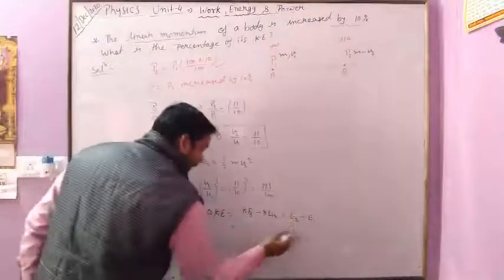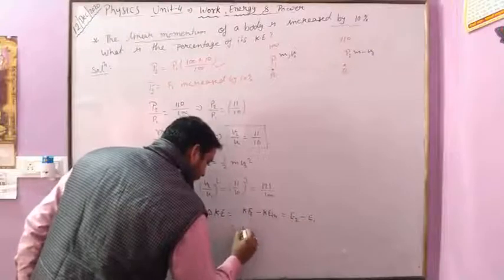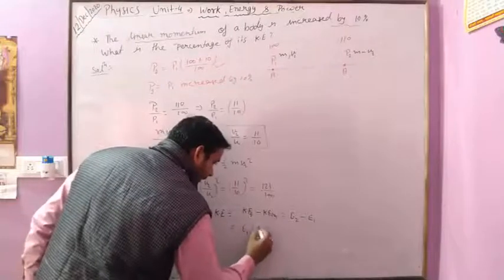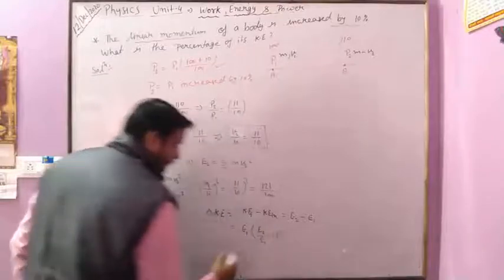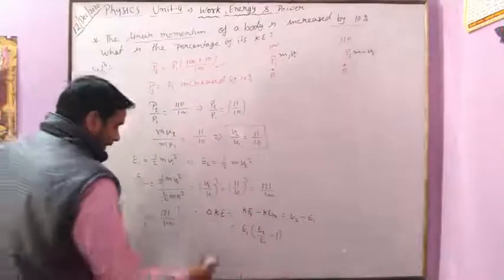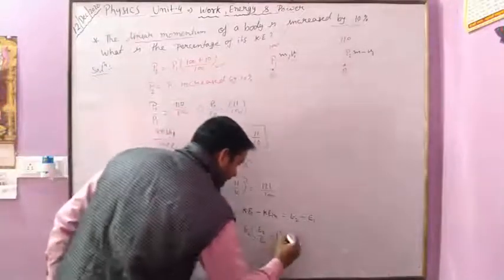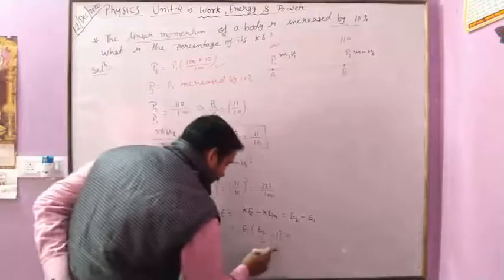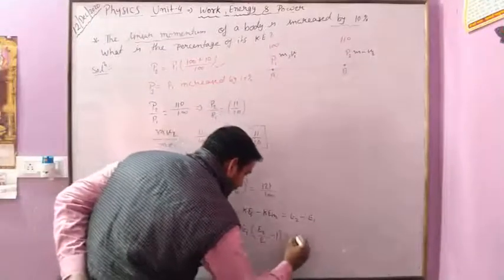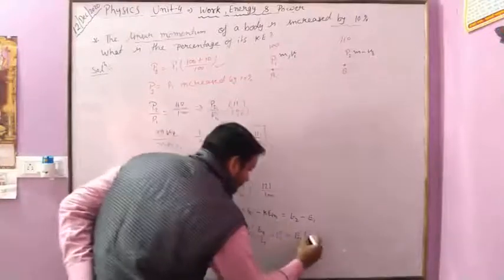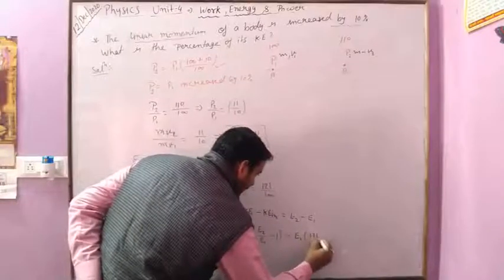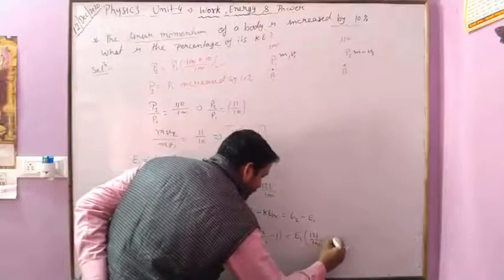You take E1 common from here, and you will find E2 upon E1 minus 1. So this is equal to E1 times 121 upon 100 minus 1.